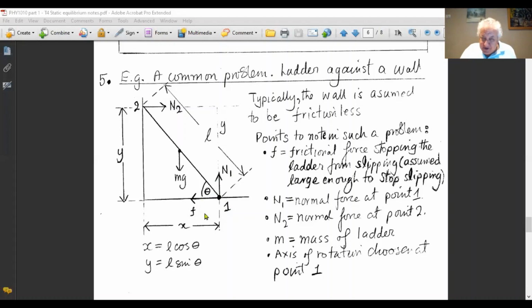It really depends on the question, but typically it's better for a ladder to choose the axis of rotation at this point. There'll be an example in your tutorials which I can explain better when we've got actual information, so you can see what data we have and what data we don't have. But you always try and choose your axis of rotation through the point of the most unknown quantities.